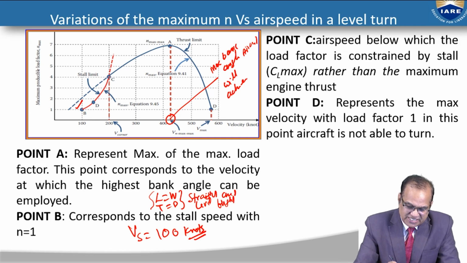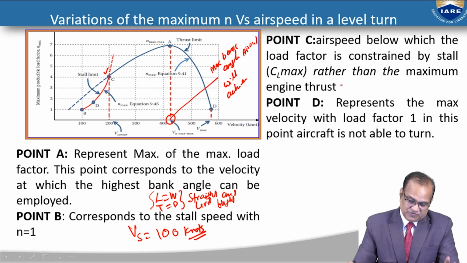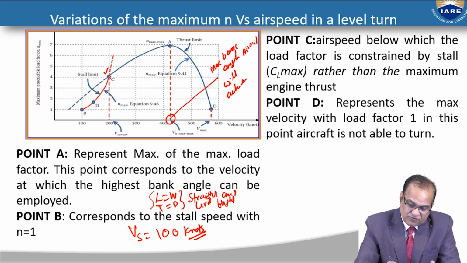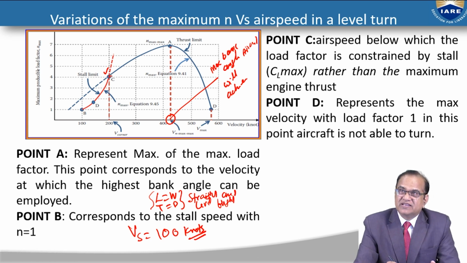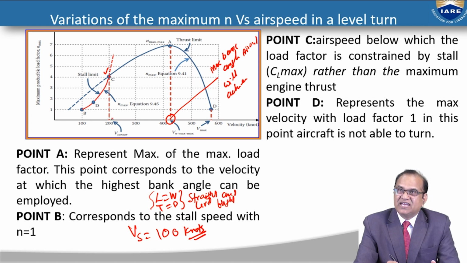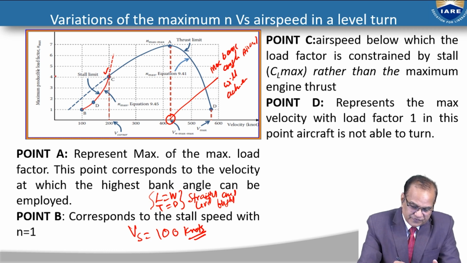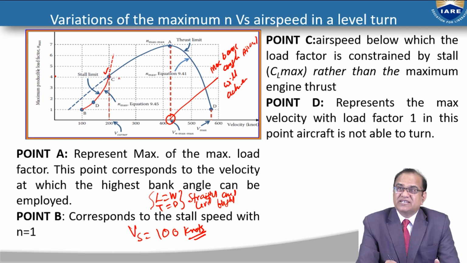Now you see point C here, very important. Point C is the airspeed below which the load factor is constrained by stall, CL max, rather than the maximum engine thrust. If you are flying below this C speed, which is 200, the load factor, here it is 4 in this case, is constrained by stall.